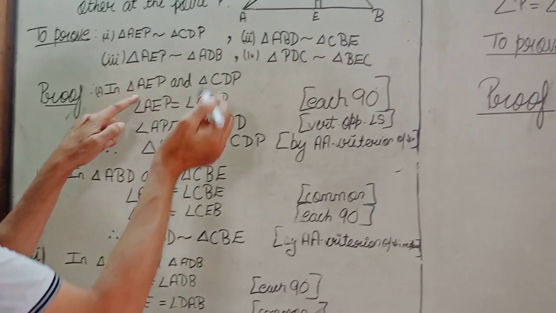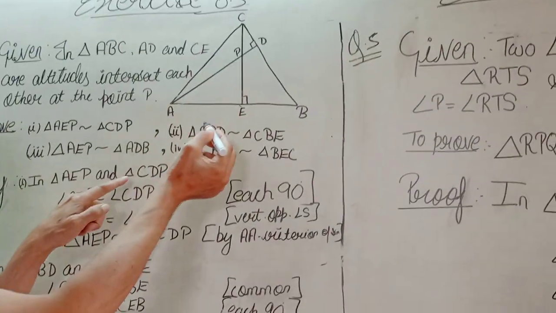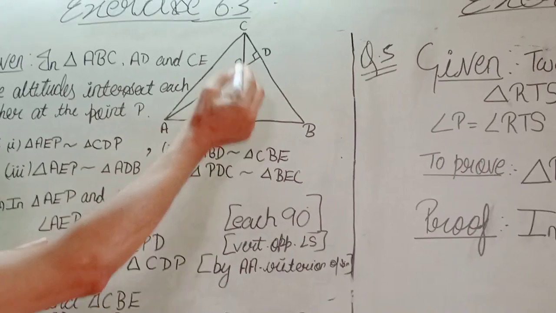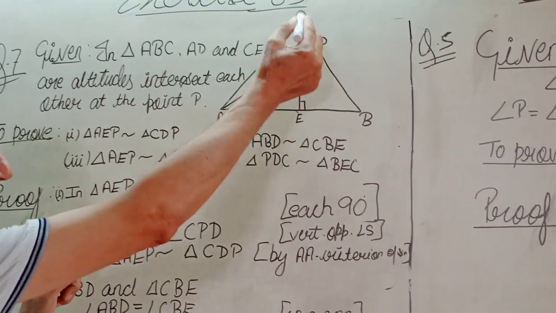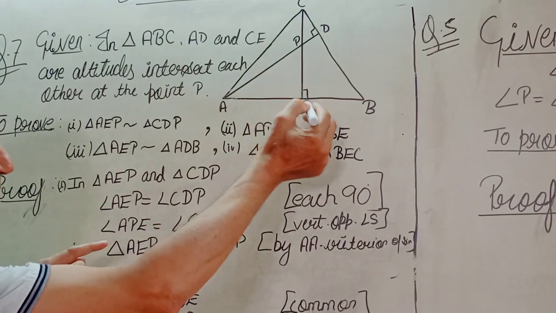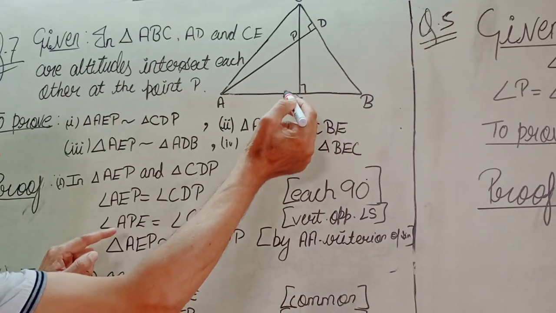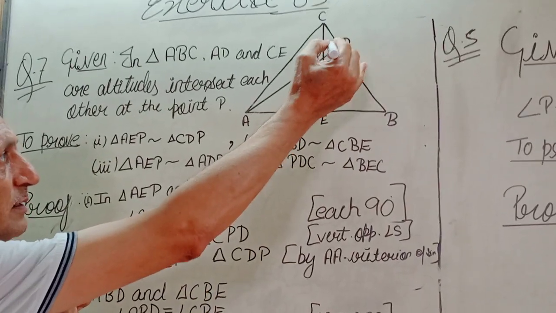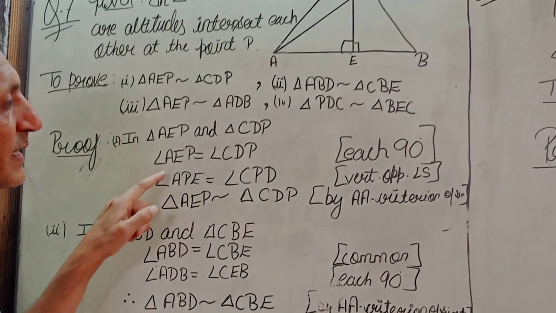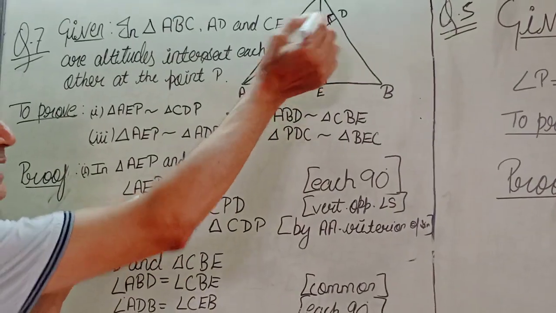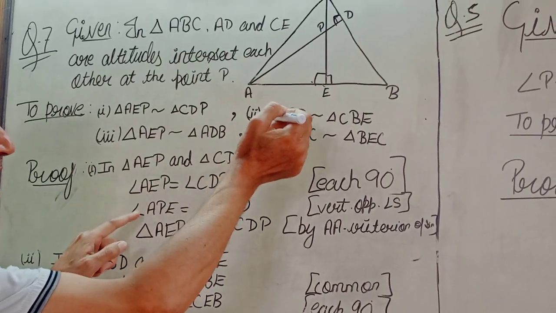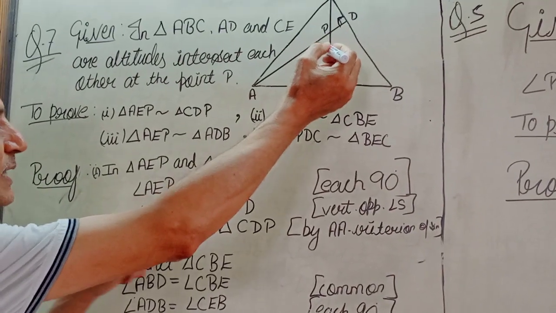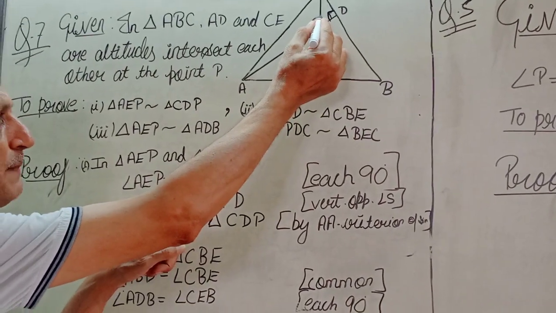Let's take triangle AEP and triangle CDP first. As AD is altitude on this one and CE is altitude on AB, therefore both the angles are equal, each being 90, and angle APE is equal to angle CPD.